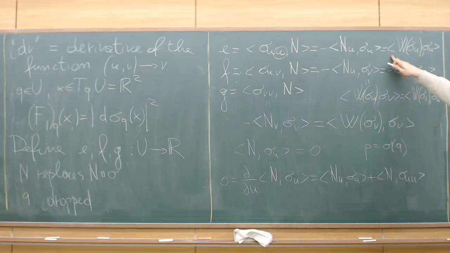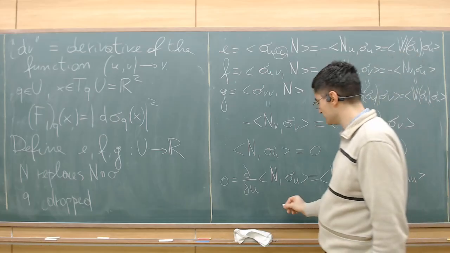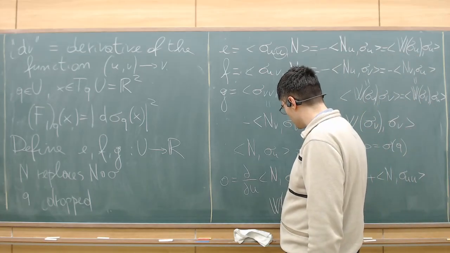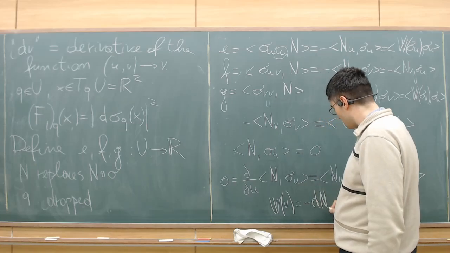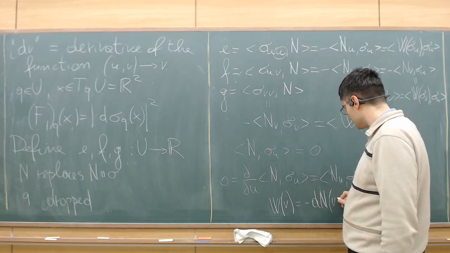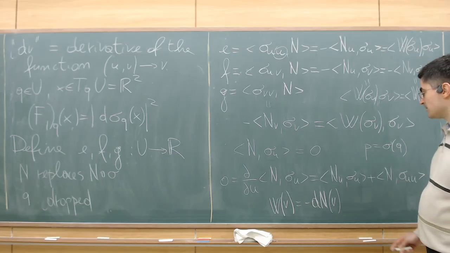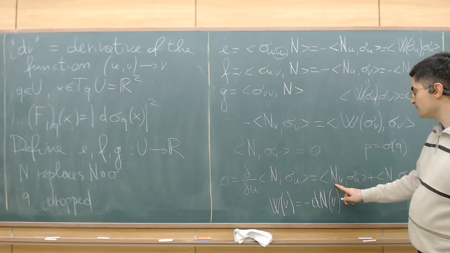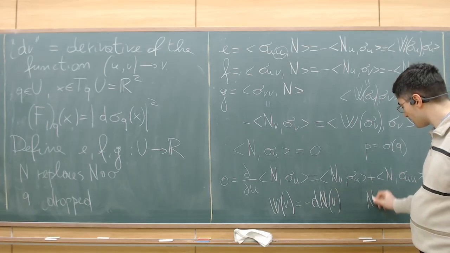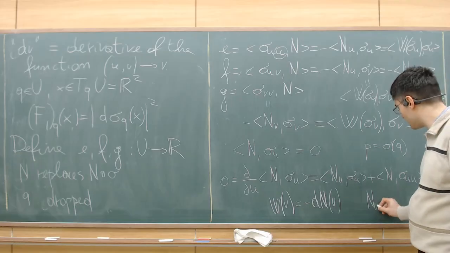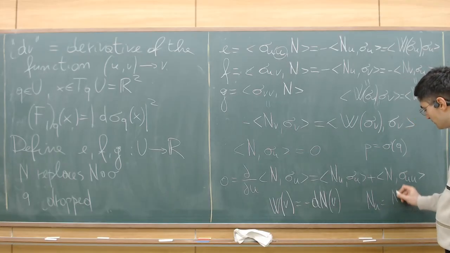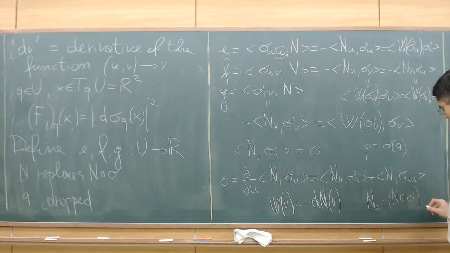Instead, the second identity follows from the fact that by definition W of V is minus Dn of V, and remember that the symbol nu is nothing but the derivative of n composed with sigma with respect to the variable u.